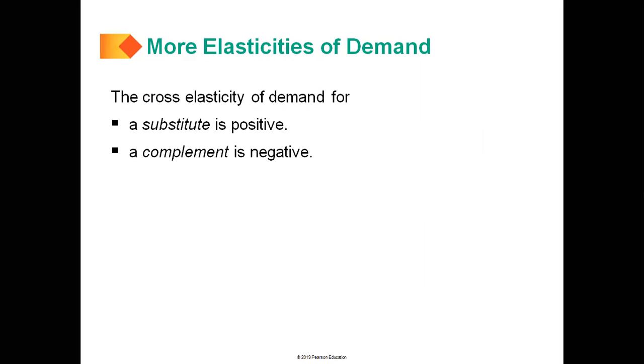Okay. And this should make sense. If a substitute changes price, the point here is that I'm going to change mine in the same direction. We saw that earlier, right?